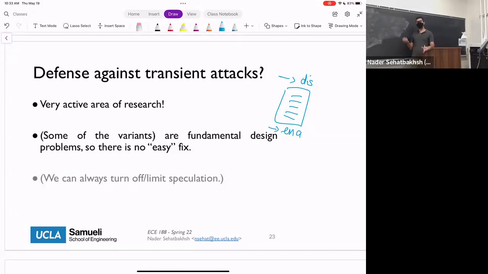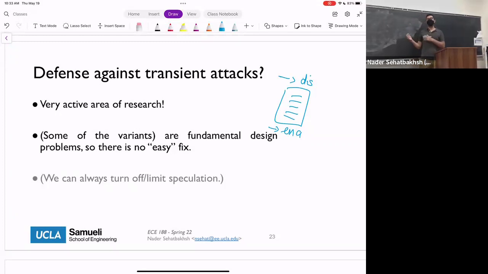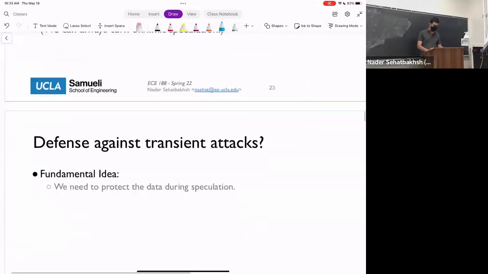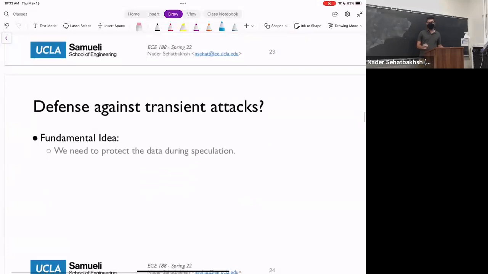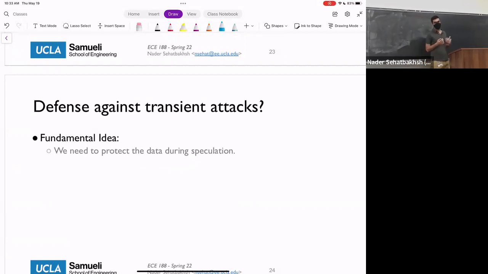So the more hardware-oriented solutions are what people are thinking about. There are, as I said, various different solutions. Most of them are trying to prevent moving information to the cache, or randomizing the cache, or detecting this sort of behavior, these sorts of gadgets in the program, and then trying to eliminate them. There are various ways of detecting this. But generally, the fundamental idea is that we need to protect the data during speculation, okay?